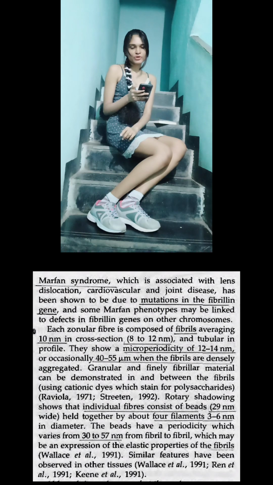Each zonular fiber is composed of fibrils averaging 10 nanometer in cross section, 8 to 12 nanometer, and tubular in profile. They show a microperiodicity of 12 to 14 nanometer or occasionally 40 to 55 micrometer when the fibrils are densely aggregated. Granular and finely fibrillar material can be demonstrated in and between the fibrils using cationic dyes which stain for polysaccharides.